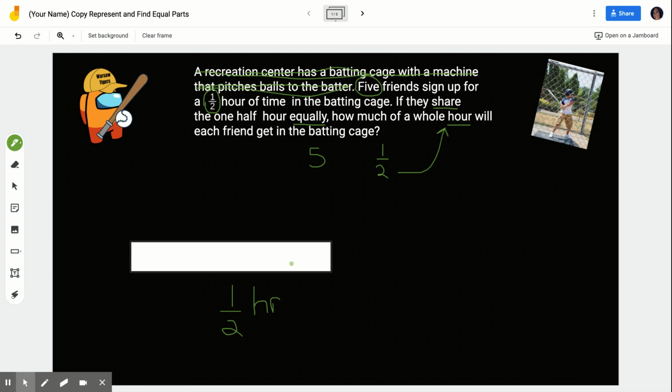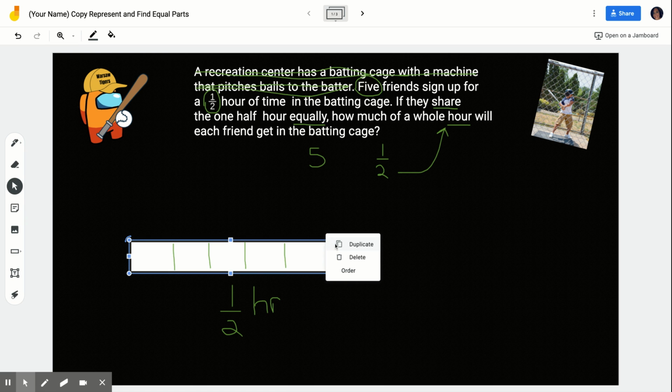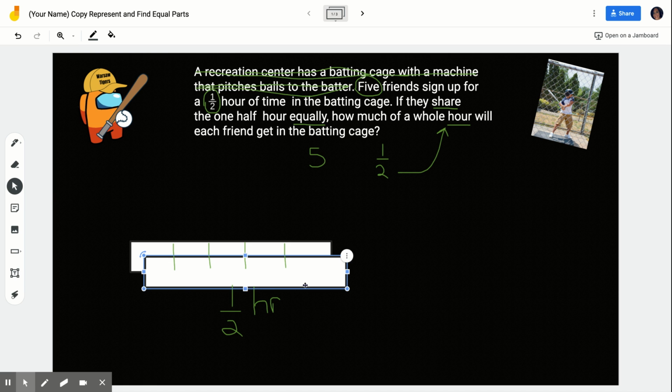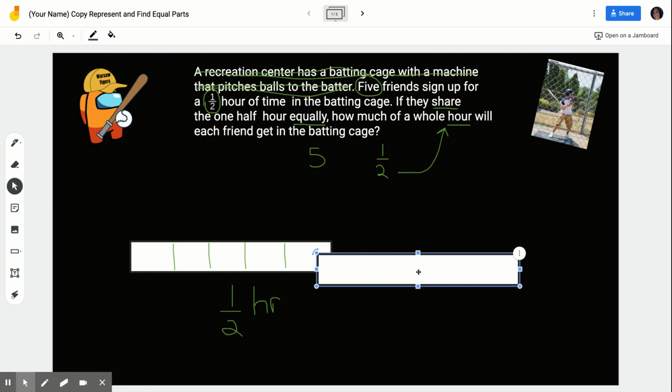I know that 5 friends are sharing 1/2 hour. So that means this bar model or this bar fraction needs to be 5 equal pieces. So friend 1, friend 2, friend 3, friend 4, and friend 5. Now I'm going to use this tool. Remember, we're learning how to use Jamboard as well. Most of you are pretty fluent in it now, but if I go back and choose the pointer and select it, then I can duplicate it and get the exact same shape that I was working with.